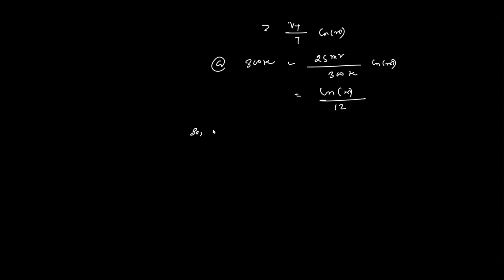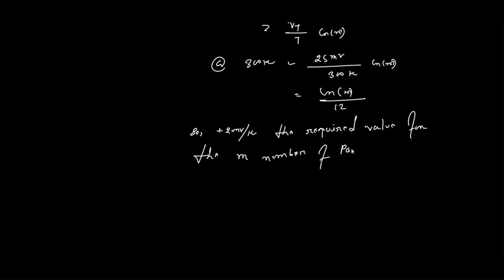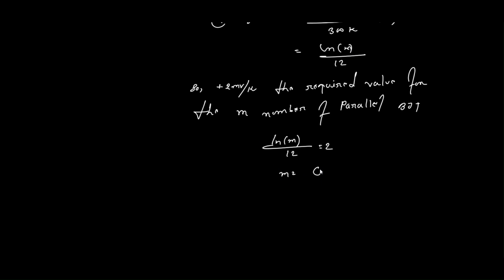So to get, let's say, plus 2 millivolt per Kelvin, the required value for the M number of parallel BJT: ln M by 12 equals 2, and M equals e to the power 24, and this one is too much.